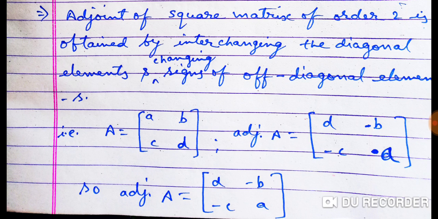This is the method, this is the algorithm for finding the adjoint of a given square matrix A. I have discussed how to find the transpose, cofactors and minors, so try it yourself.